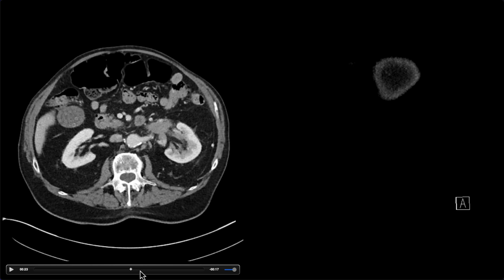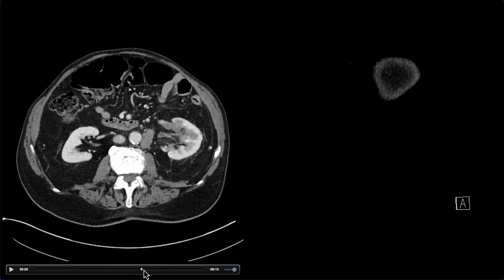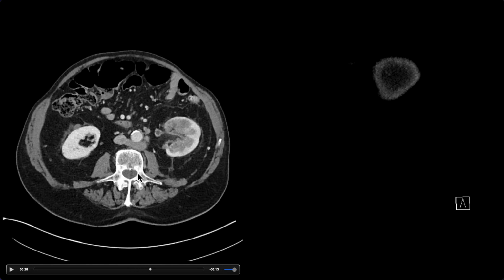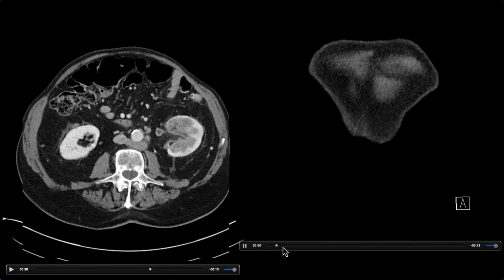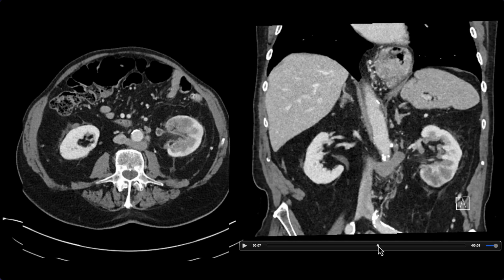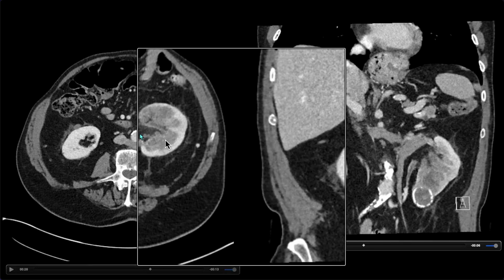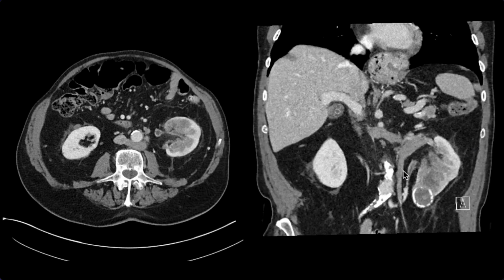Not only do we have an anterior branch of that left renal vein, which is full of thrombus, but we have basically a circumaortic left renal vein with a little bit of tumor thrombus extending into the IVC here. And here's what it looks like on coronal images. If you look carefully, we not only have that tumor thrombus involvement of the renal vein, but we also have involvement of the gonadal vein as well.